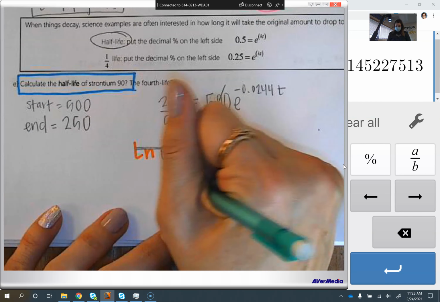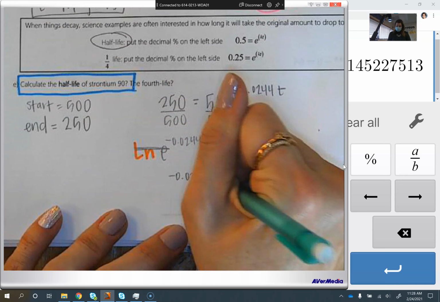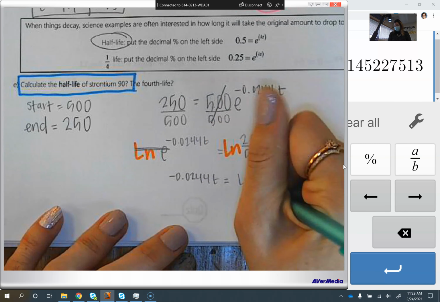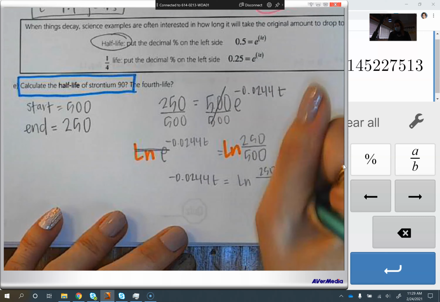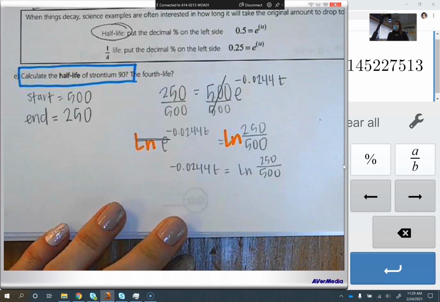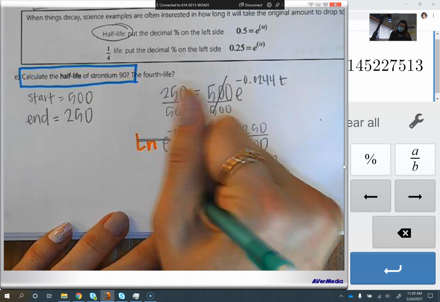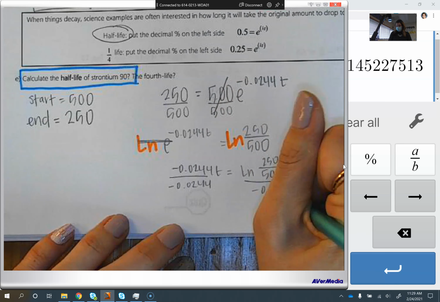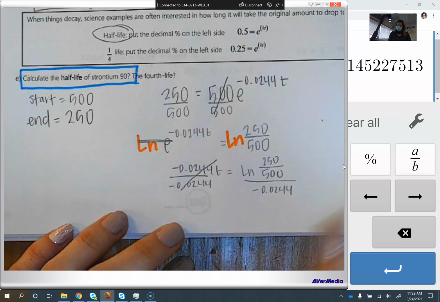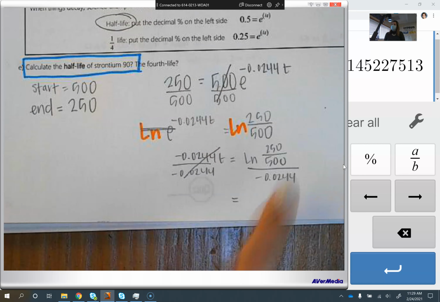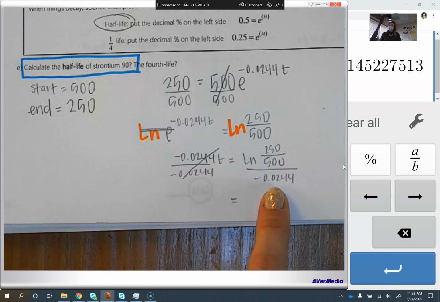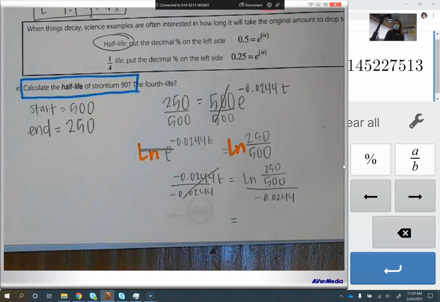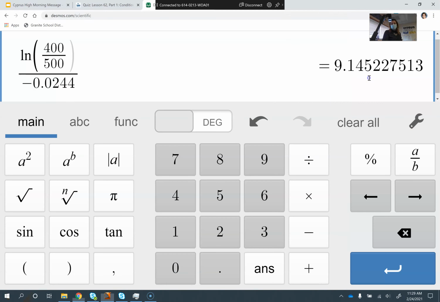So what you would be left over with is the rate equals the natural log. And then your last step is to divide by the rate. So what you plug in to Desmos is this. If you plugged in the last one, all you have to do is change this top number to 250 instead of 400.